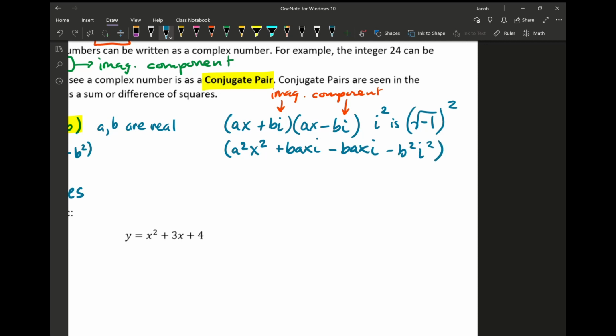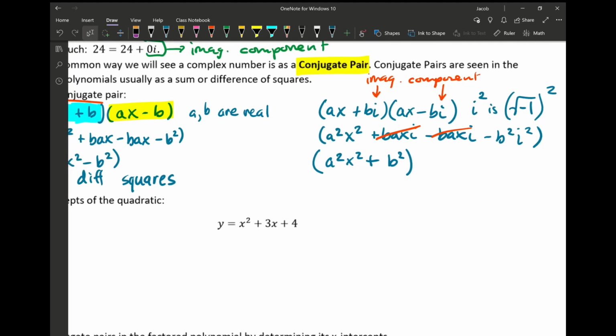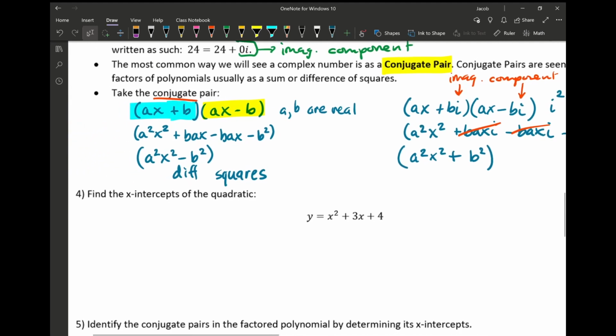So these cancel out. Bye-bye. This last term is going to be -b squared times -1, which is just plus b squared. So with an imaginary component, we have a sum of squares. That's not really great because it doesn't tell us any real zeros, but we know how to find the factorization of such a polynomial if we could multiply it together or divide this factor out, for example.